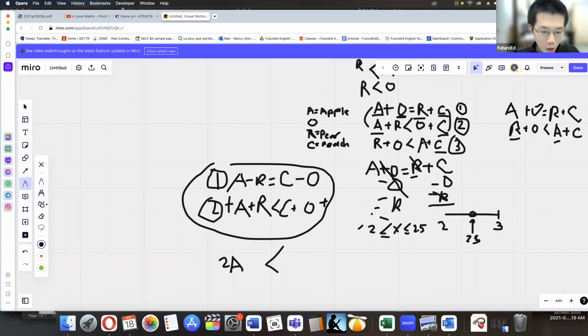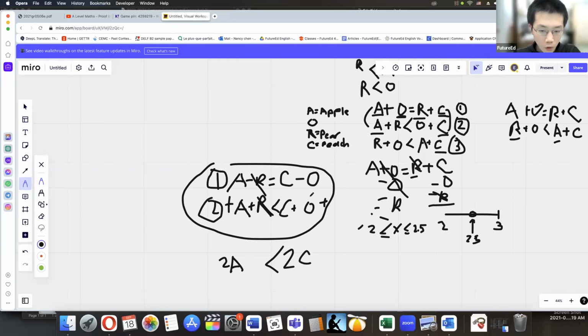What happens with plus R minus R? So the R's disappear. What about the right side? Ryan, can you tell me what C plus C is? So before, A plus A is 2A, so C plus C is 2 what? 2C, correct.